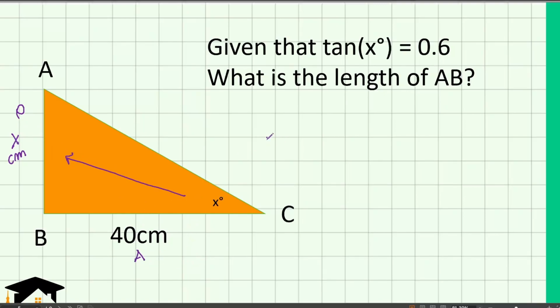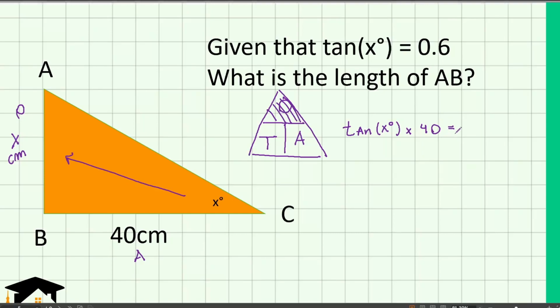So if you remember, the triangle for the tangent was like this. We want to find the opposite, so we cross it out here. And this tells us that we have to do the tangent of x multiplied by the adjacent, that is 40 centimeters.